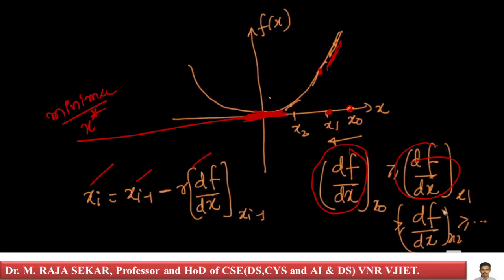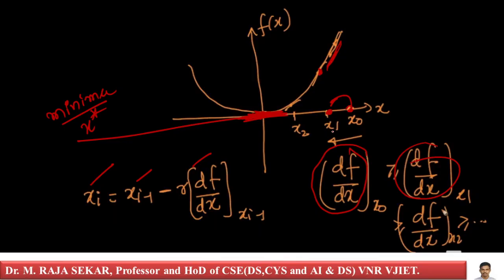So at every iteration our slope is decreasing, which means df by dx at x0 is greater than or equal to df by dx at x1, which is greater than or equal to df by dx at x2. Slope, or gradient, is slowly reducing. What happens in gradient descent? Initially, from x0 to x1 we will make a big jump.